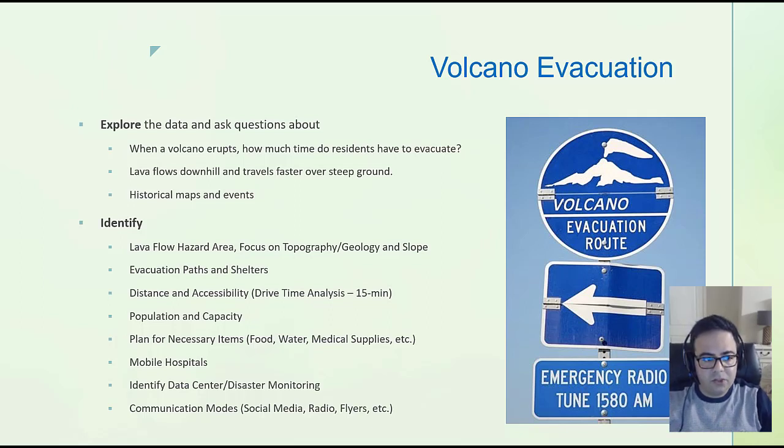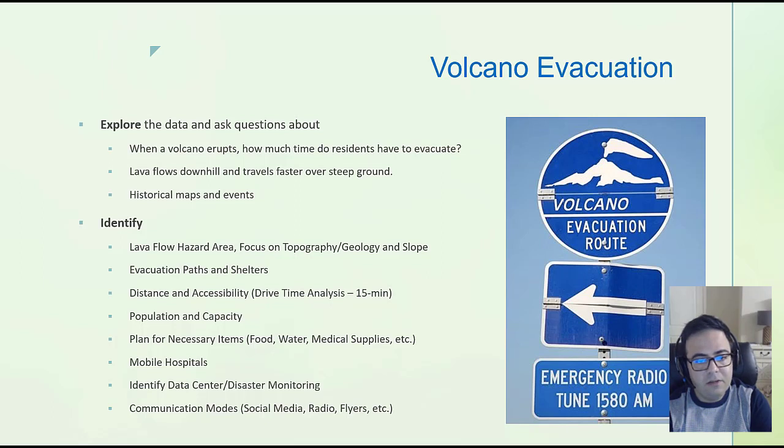Then the task starts by identifying the lava flow hazard area, creating a map of the hazardous area, focusing on topography and geology, and then also bringing in the slope would help us make those hazardous areas much more accurate. It's like a flood area. You look at past events, look at the soil type. Same thing for volcanoes. You have to consider the geology and the topography.